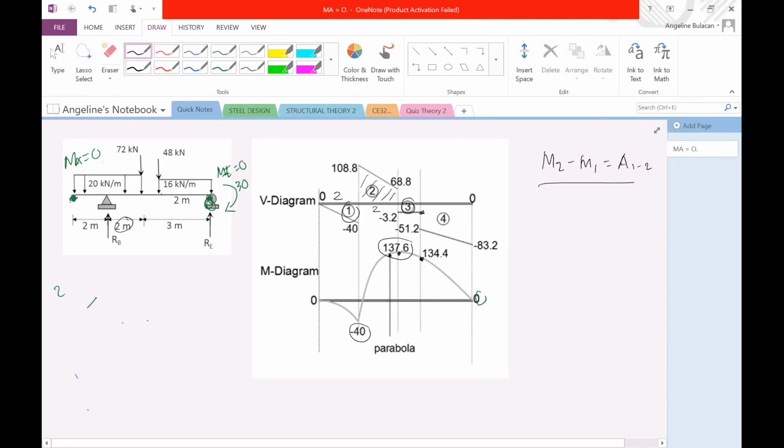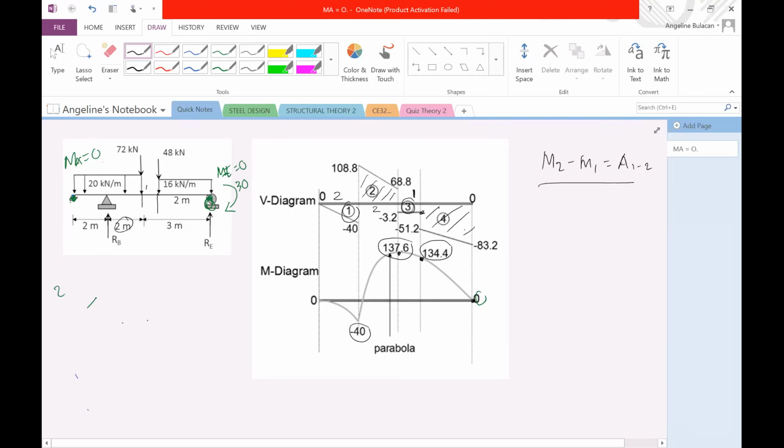Ang distance, ano pang distance nito? 1 meter. So 137.6 plus area 3, negative siya kasi nasa ilalim, no? So, times negative 3.2 times 1. So, magiging 134.4. Ayan na. Now, to get this area, huwag nyo nga alisin sa calculator nyo. 134.4 plus area 4.